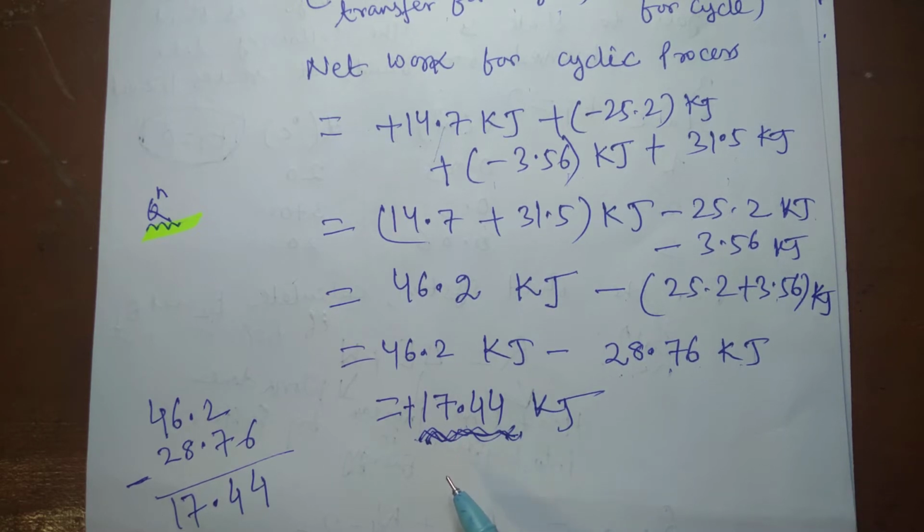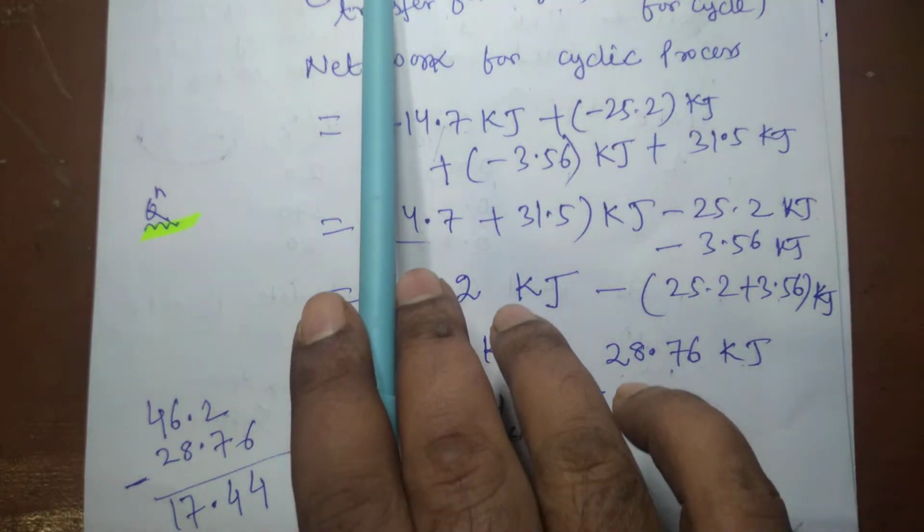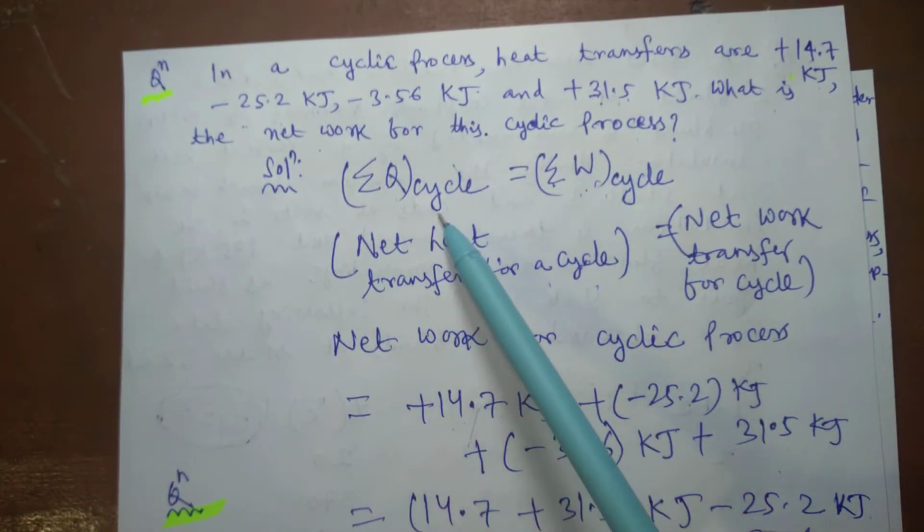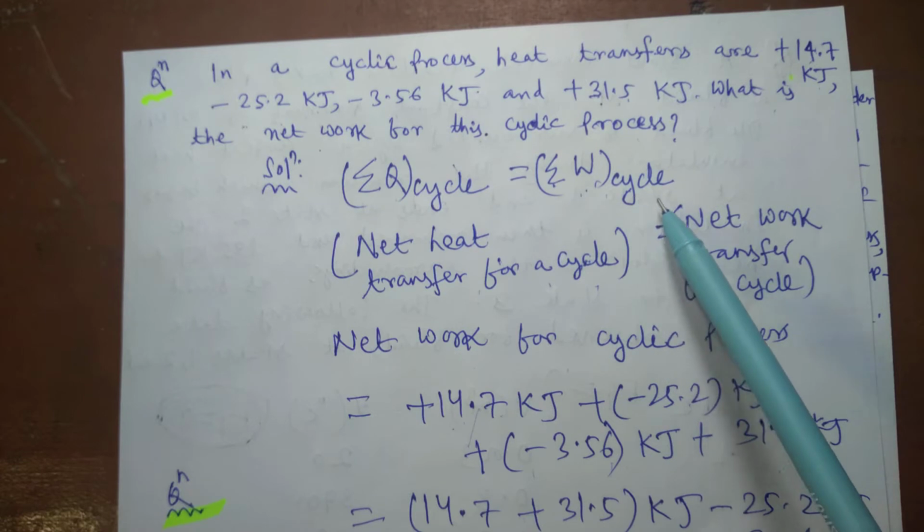According to the first law, whenever a thermodynamic system undergoes a cycle, the net energy transfer across the system boundaries is zero. Whatever energy enters must equal the amount of energy that leaves the system. That's why we derived the equation for the first law: sigma Q cycle equals sigma W cycle.